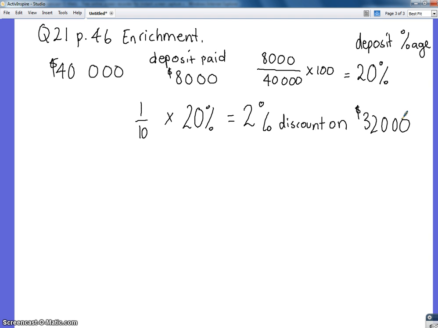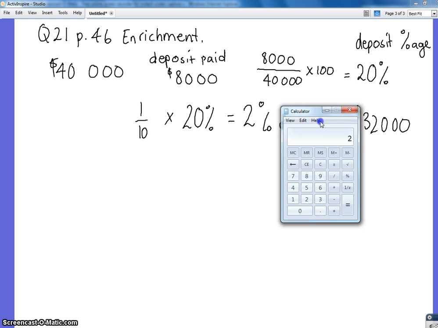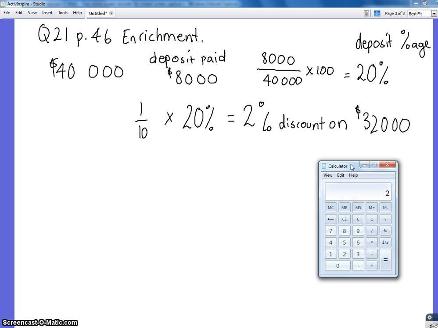If I was to ask you how much therefore would they pay? They wouldn't pay 32,000. Would they pay more or less than 32,000? They would pay less. We can work that out by saying they're no longer paying 100%. What's a multiplier that would represent 2% discounted?